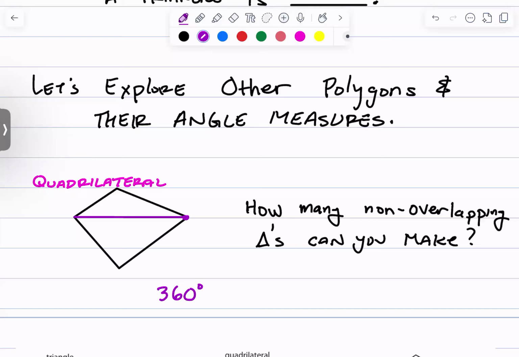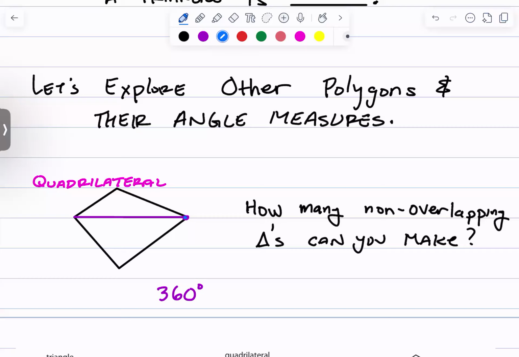If I draw something like this, you guys can see that this small triangle here is overlapping to that triangle right there. So that won't work. So non-overlapping, the easiest way to create non-overlapping triangles is if you pick a point, and from that point, we're going to connect all the other points.